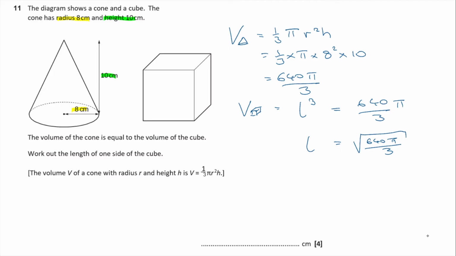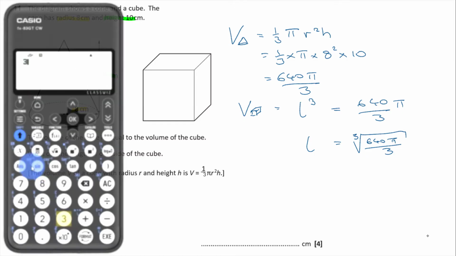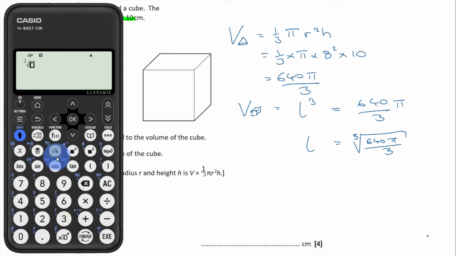The cube root of 640 lots of pi divided by 3. Now I make that 8.75.